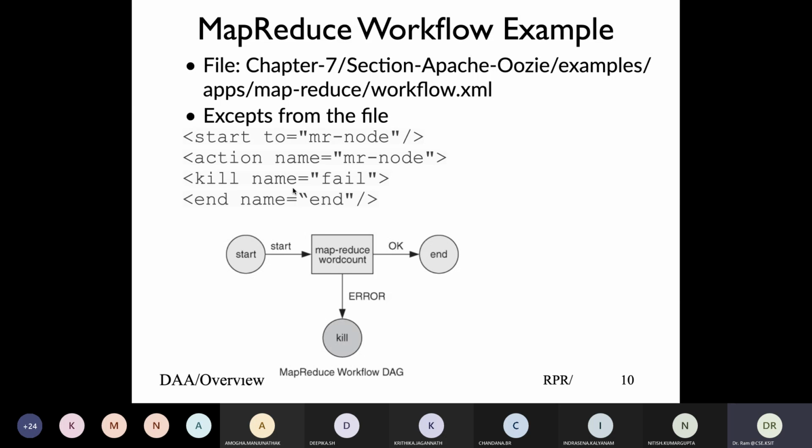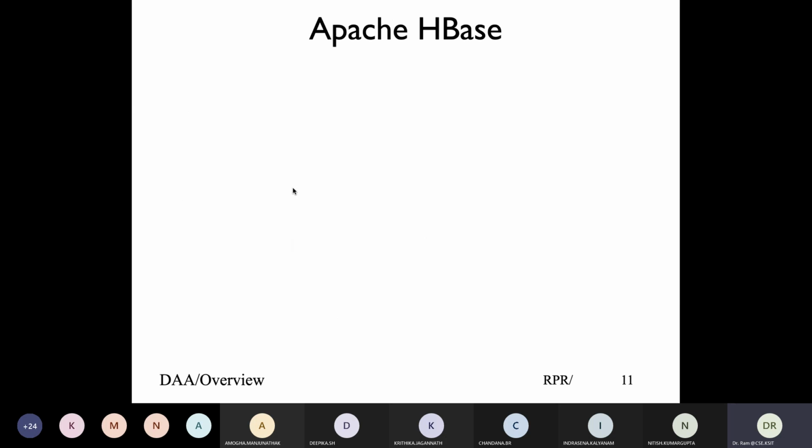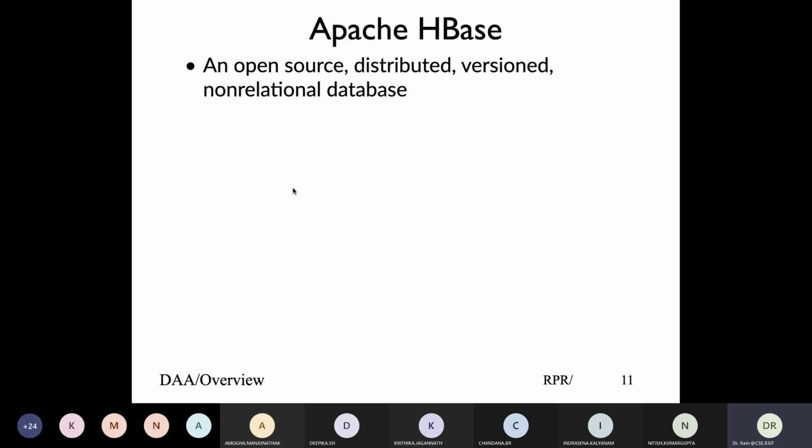So we have four types of nodes, summarizing it, and that's how you can define actions and things will work out. The last tool you look at is Apache HBase. It is basically a distributed open source non-relational database. When you look at MySQL, DB2, Oracle DB, Postgres, Microsoft SQL Server, these are all RDBMS.